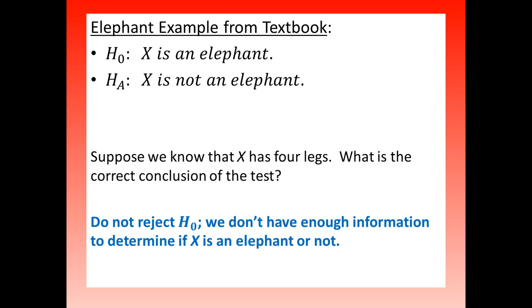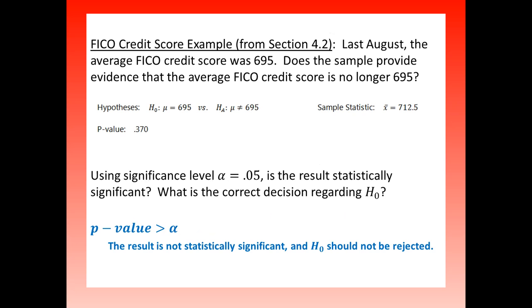However, what if the piece of information we have is that X has four legs? That by itself is not enough to conclude that X is an elephant, because there are lots of animals with four legs. X might be an elephant, but it might not, so we end up with an inconclusive test here. And generally that's what happens if your p-value isn't low enough to where you can reject the null, if it's not less than alpha.